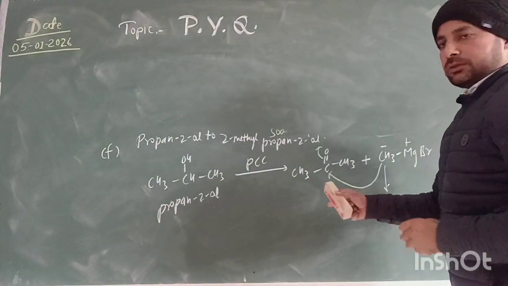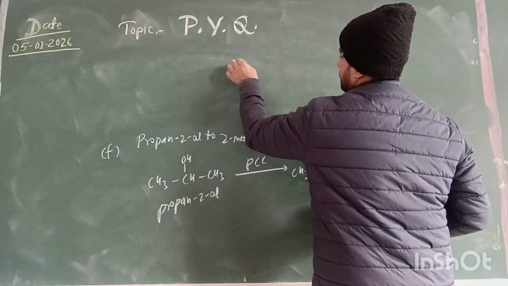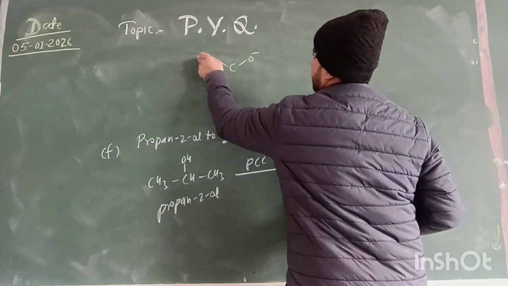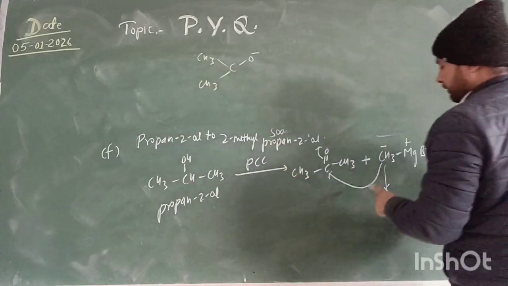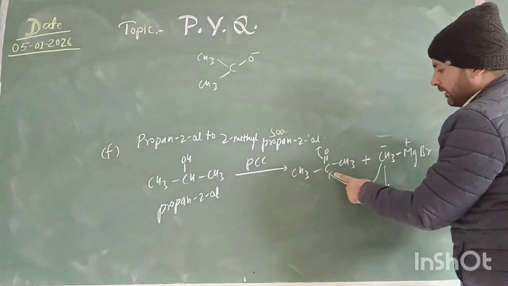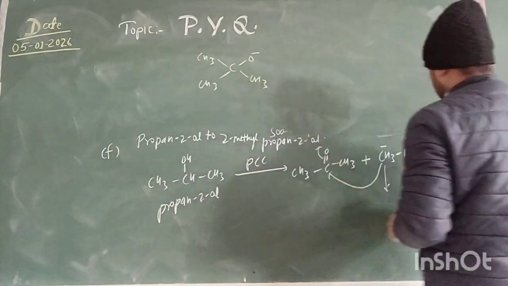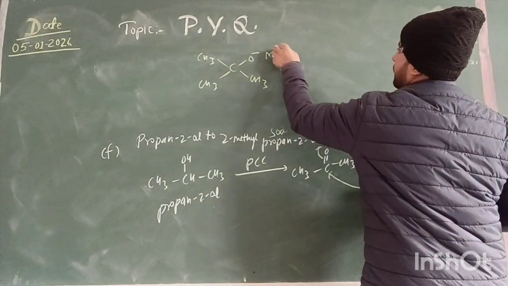So this will become like this one, C double bond O. This CH3 I can write here, and this CH3 I can write here, and the carbonyl carbon will attach CH3. So that will be CH3, and this positive part will attach here, MgBr.